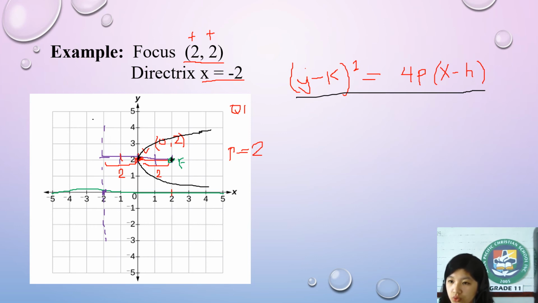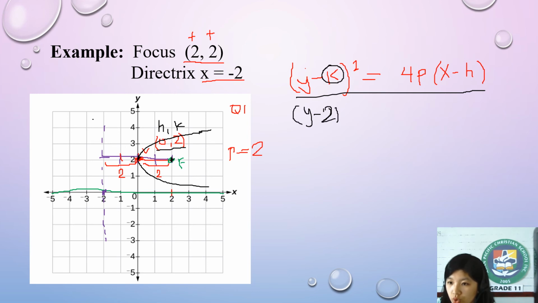So, substitute the value of k. Ano ba yung ating k? Since meron na tayong vertex, ito, 0 and 2. So, ang vertex kasi, yan yung H and K, diba? I-check nyo mamaya doon sa mga cases. So, we have here, y minus yung K will be 2.